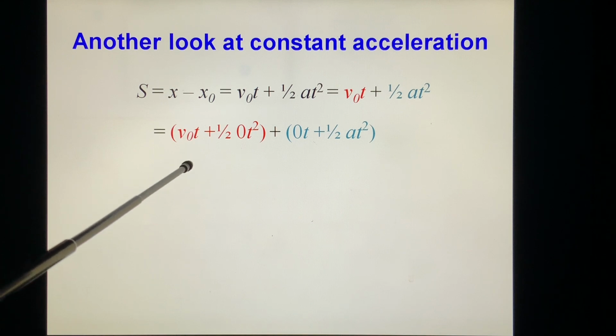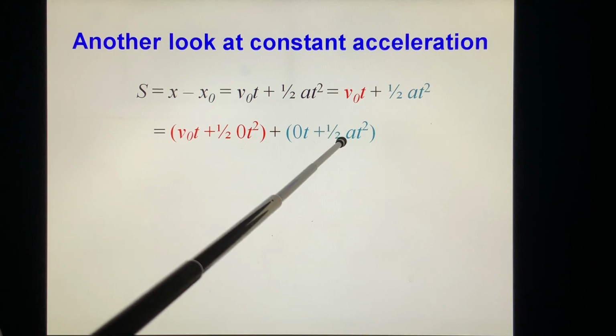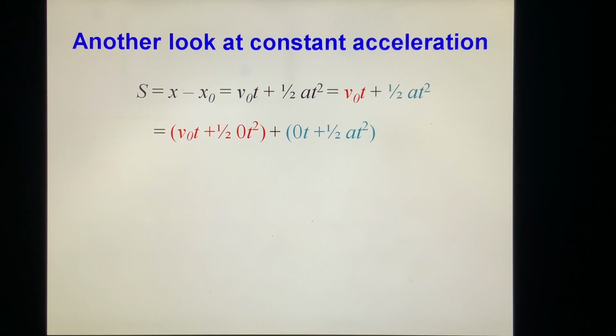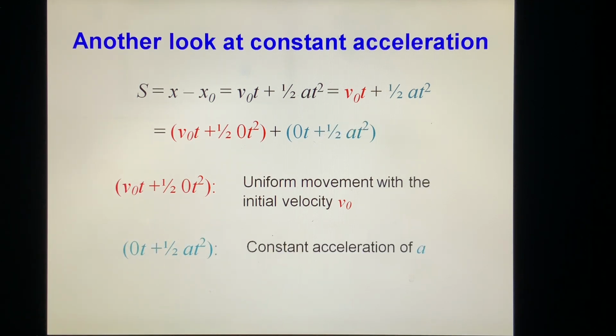This is the movement with acceleration 0, uniform speed v0. This is initial speed equal to 0 and constant acceleration. So this is a uniform movement with the initial velocity v0, and this is the constant acceleration with v0 equal to 0. So a constant acceleration movement can be looked at as a composite of two.